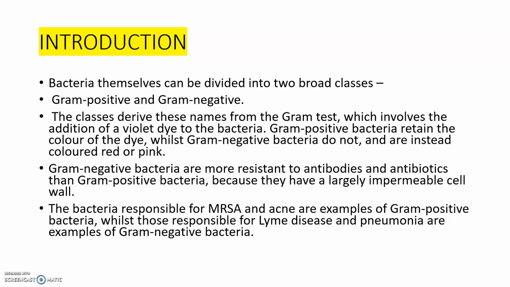Gram-positive bacteria retain that color, the primary stain, while gram-negative bacteria retain the color of the counter stain, and it may appear pink or red. Gram-negative bacteria are more resistant to antibiotics than gram-positive because they have a largely impermeable cell wall.